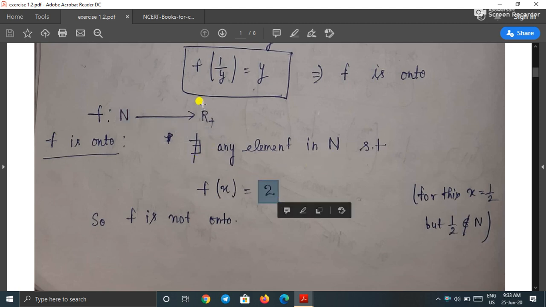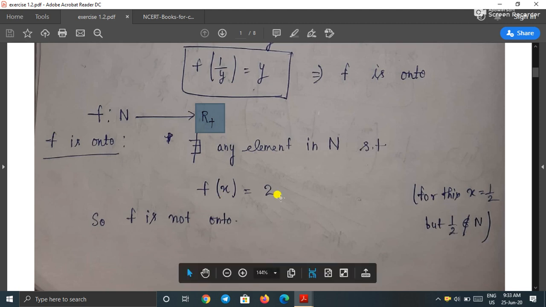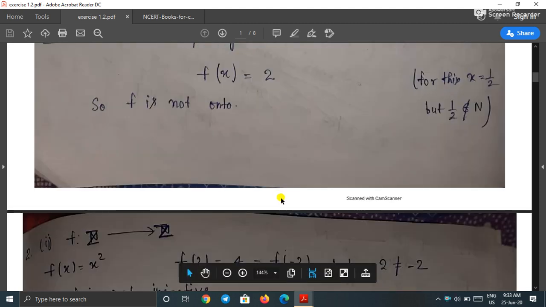That means you will not find a pre-image of 2, and if even one point has no pre-image, the function f is not onto. For the function to be onto, each point in the codomain must have a preimage. If there exists any point which does not have a preimage, then the function is not onto. Okay, now let us see the next problem.